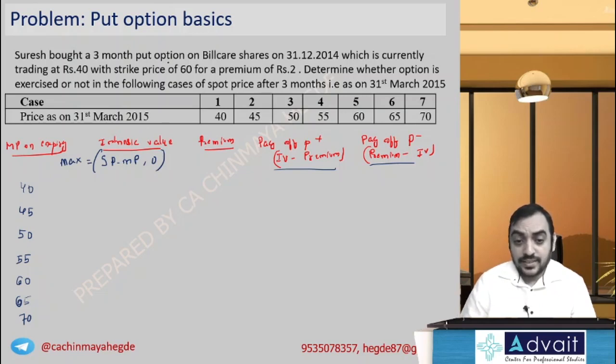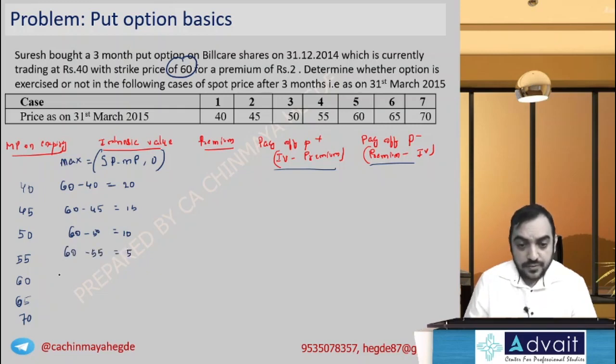So, strike price is 60 rupees. So at 40, 60 minus 40, 20. 60 minus 45, 15. 60 minus 50, 10. 60 minus 55, you get 5. 60 minus 60, you get 0.